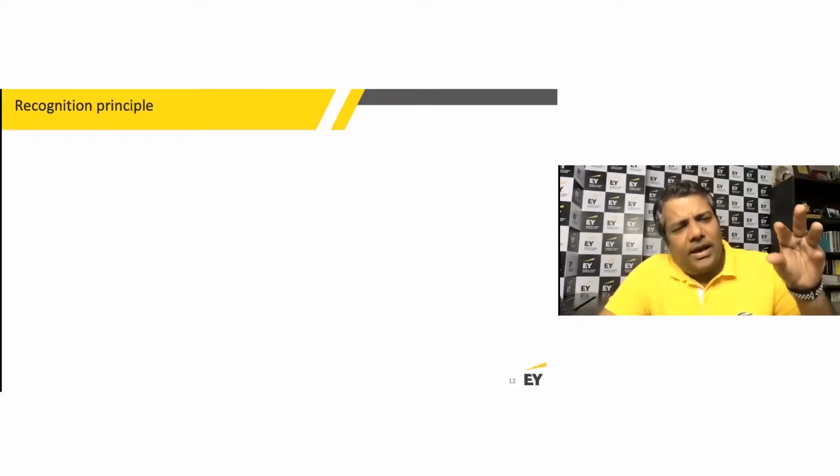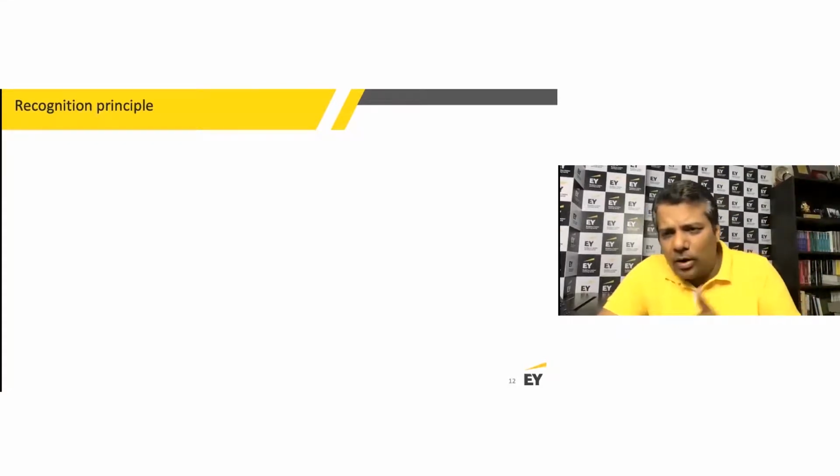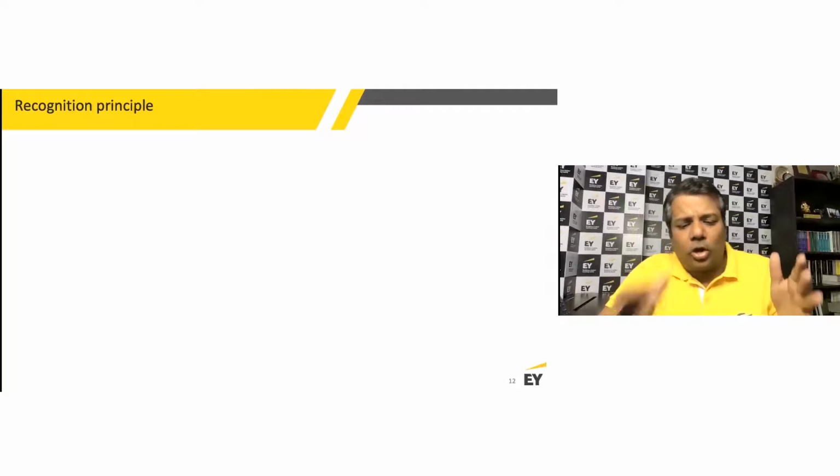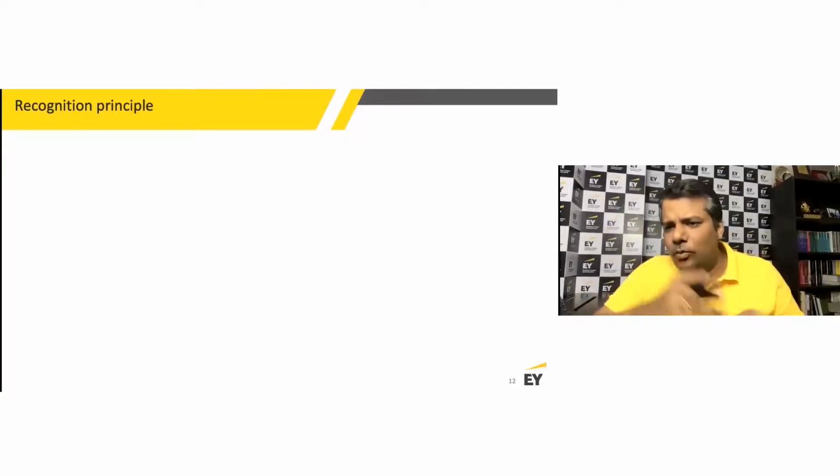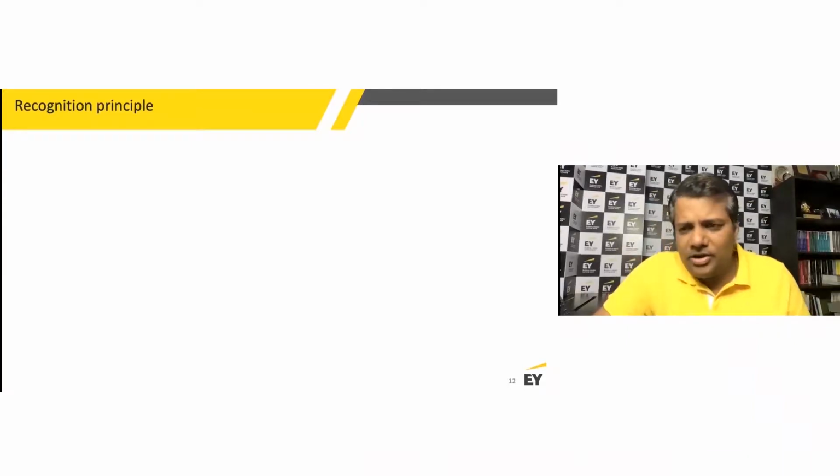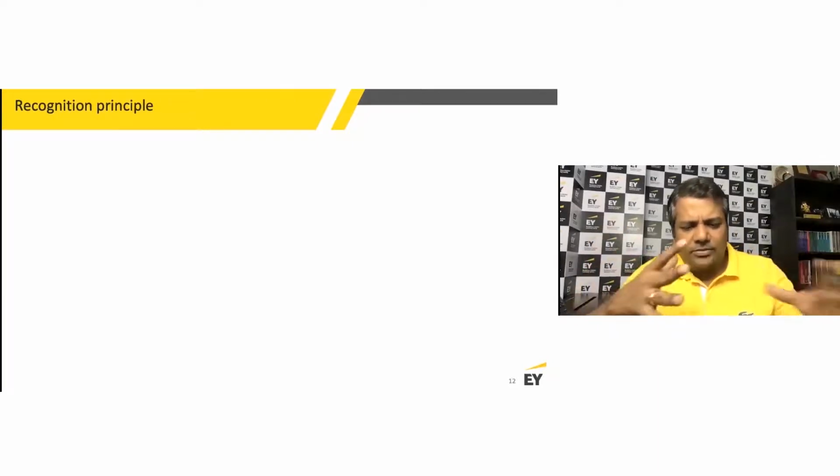We also talked about what is scoped out, like a business combination, or an arrangement where the stock price is fixed so that future variation doesn't matter to the amount of benefit. That is not covered within the scope of this standard. So we've covered all of that in terms of the scoping.